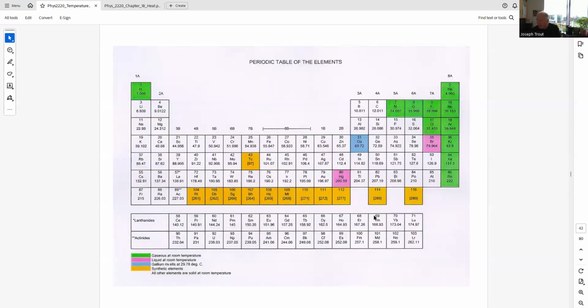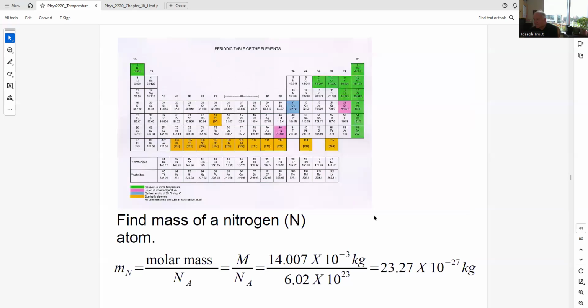So here's the periodic table, which shows all of the elements. If we want to find the mass of nitrogen, for example, we'll take the molar mass of nitrogen, which is 14 times 10 to the minus 3 kilograms, and divide it by Avogadro's number, and we get the mass of a nitrogen molecule.